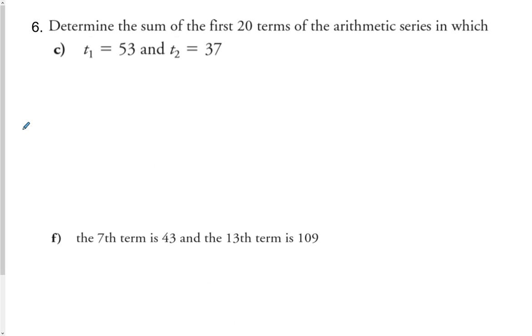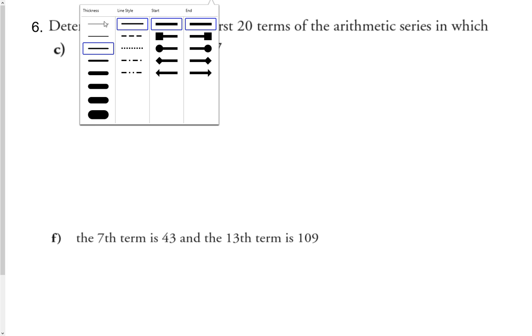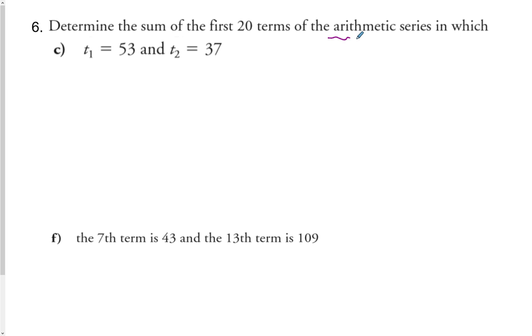This is number 6. We're trying to find the sum of the first 20 terms of the arithmetic series, where we know the first term and the second term. Now it's nice that it tells us this is arithmetic, right? That makes it a little easier for us. We know we're using our arithmetic sum formula. I know my a value, that's equal to my first term, that's 53. And I can get my d, my common difference, because I can look at the difference between these two.